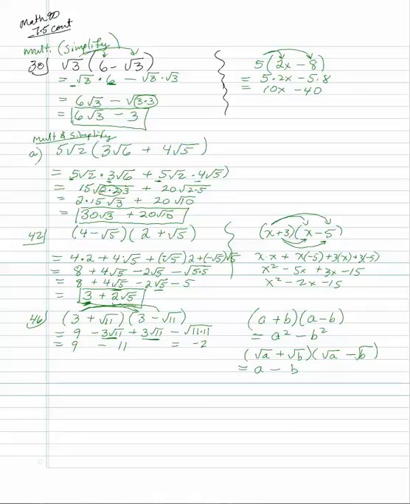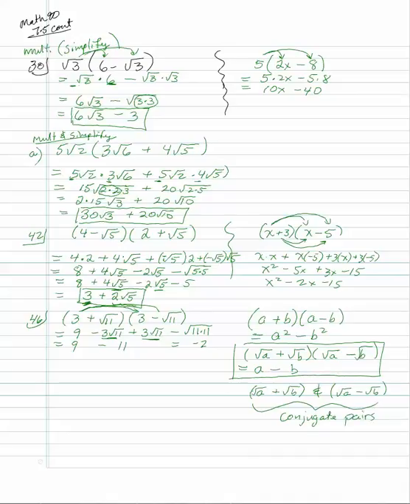So you want to remember, it's just like doing a difference of squares. So if we had square root of a plus square root of b, and square root of a minus square root of b, these are called conjugate pairs, because when you multiply them together, it turns into a rational number. Okay, so those are conjugate pairs.